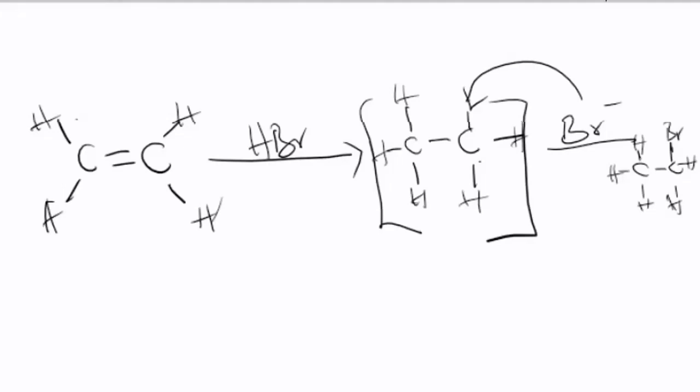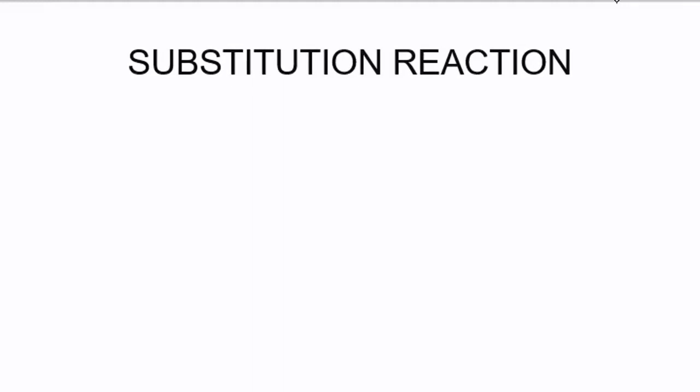So that's it. So the next is substitution reaction. So substitution reaction is a reaction where an atom or group of atoms are already present in a molecule. So let me simply illustrate this. Let's say I have this plus this.